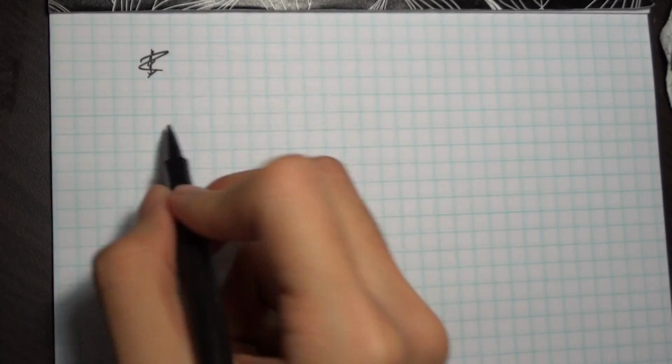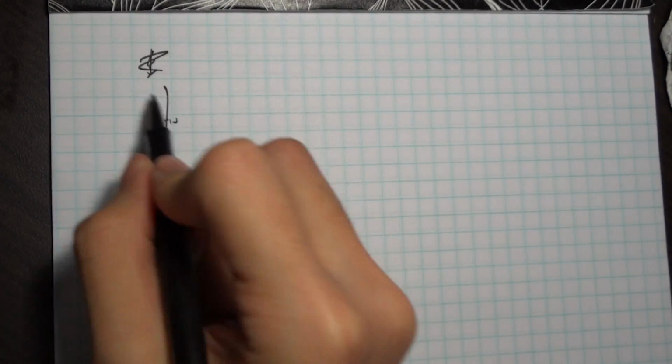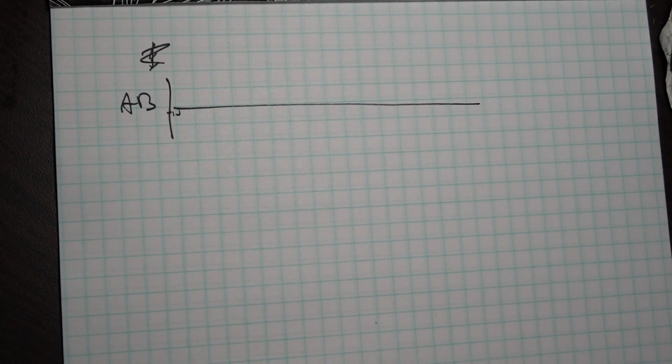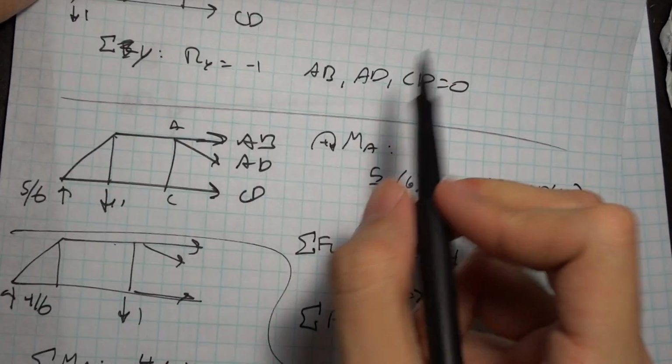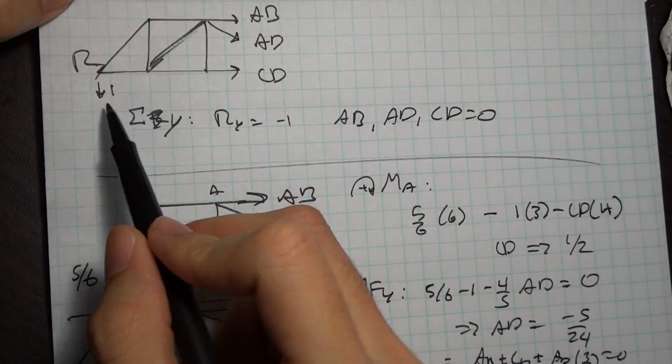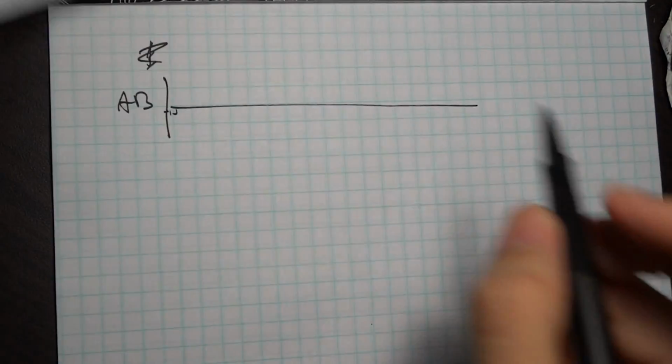Sorry, what am I doing? This is x. So let's call this AB. I already found that when my force is at the reaction, AB is going to be 0. So I just mark a little 0 point.